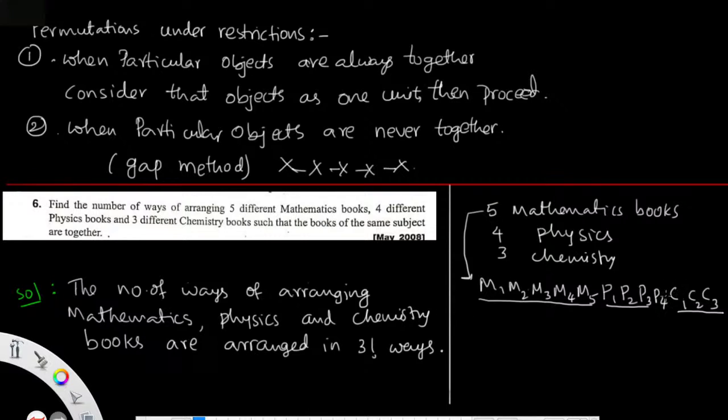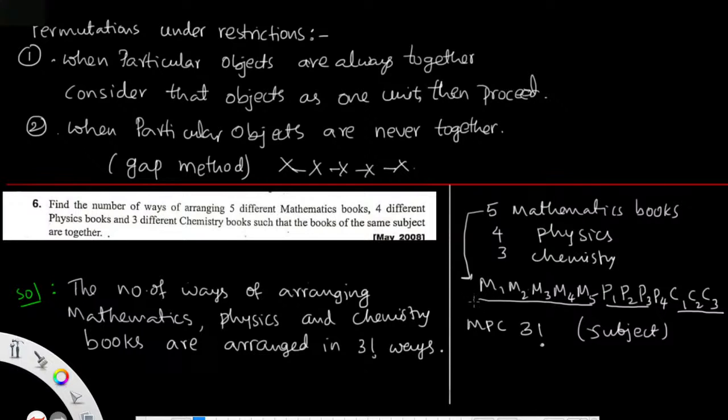How many things are these? 3 things, as M, P, C. So subject-wise we have maths, physics, chemistry, and these 3 subjects can be arranged in 3P3, or 3 factorial ways, either MPC or CMP or PMC, like this. So 3 factorial gives 6 ways.